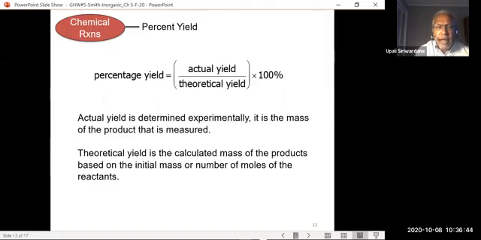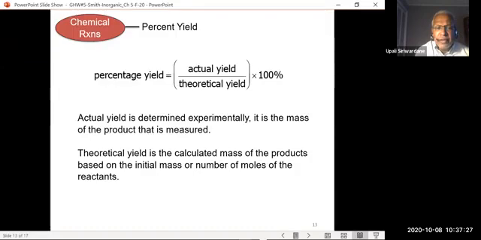Now, after we do a reaction, we have a yield of product. Actual yield is what we obtain from doing the real experiment, the amount of product in real time. Theoretical yield is the calculation done by stoichiometry using the limiting reactant. Normally the theoretical yield is the maximum yield that can be obtained from a reaction.